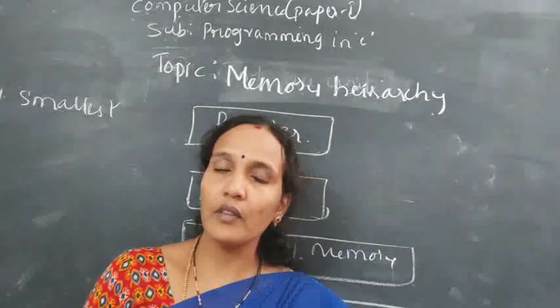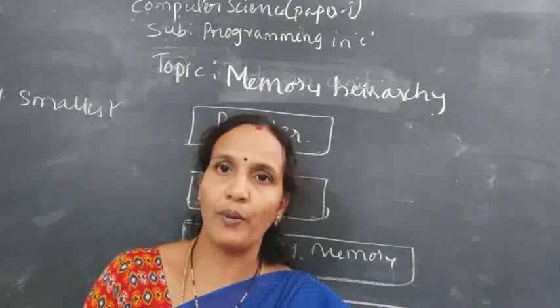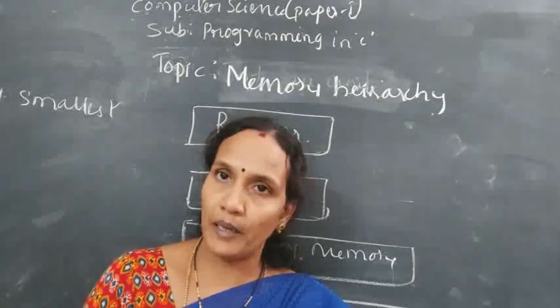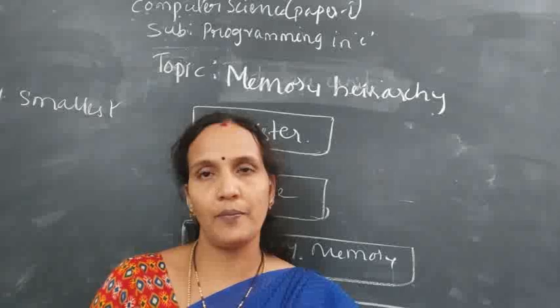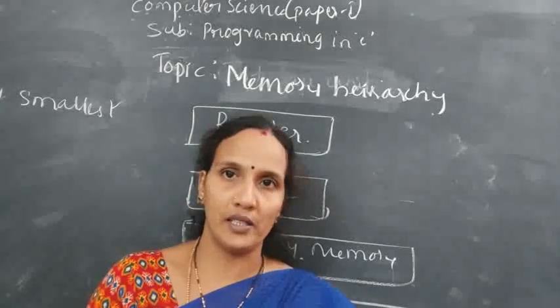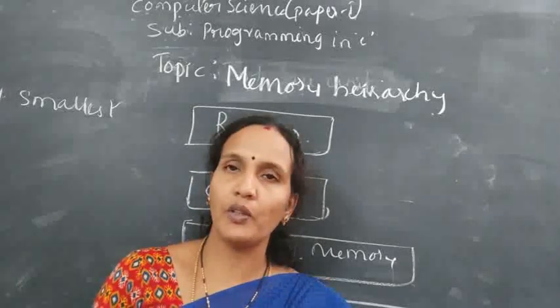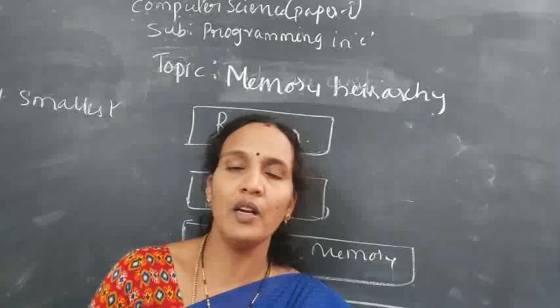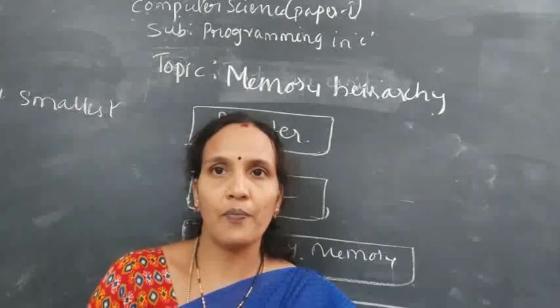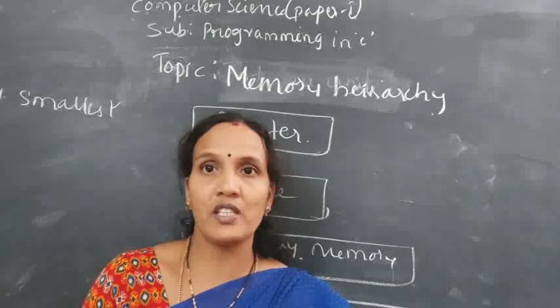But the size of the register is very small compared to the cache memory, the primary memory and the secondary memory. But these are the very fastest storage devices, because they are directly connected to the CPU. The CPU can fetch information directly from the registers, so whatever data is in the registers can be accessed by the CPU very fast.